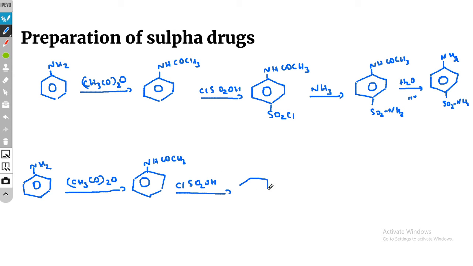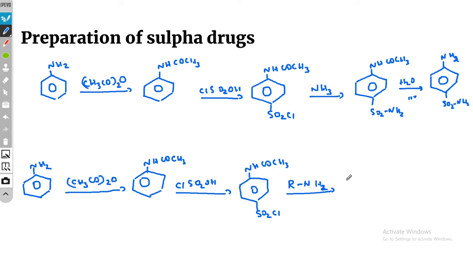Then we have NHCOCH3 here and SO2Cl here. Then it is treated with RNH2 instead of NH3.